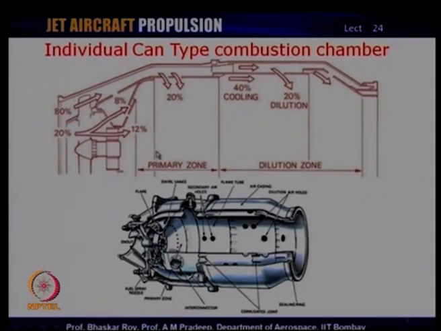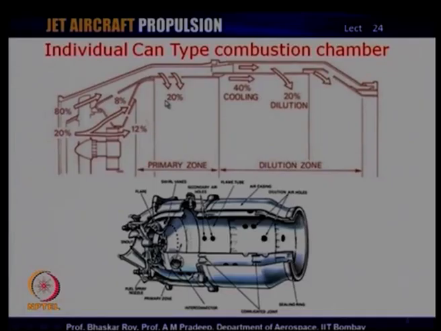Inside the combustion chamber, this is what we call the primary zone, and that is the primary zone in the lower picture, which is a cutout of a real combustion chamber. And this is the primary zone where the fuel is actually burned, and the fuel air mixture of gas is primarily created.